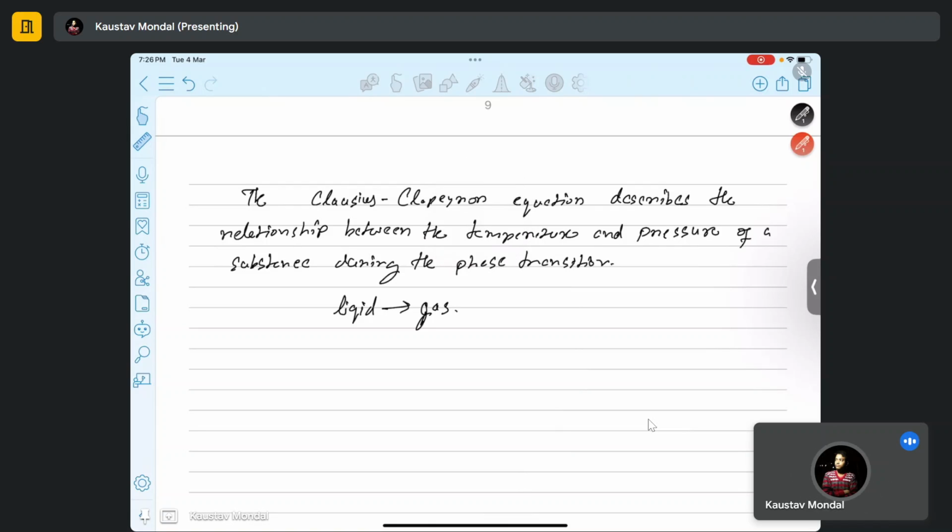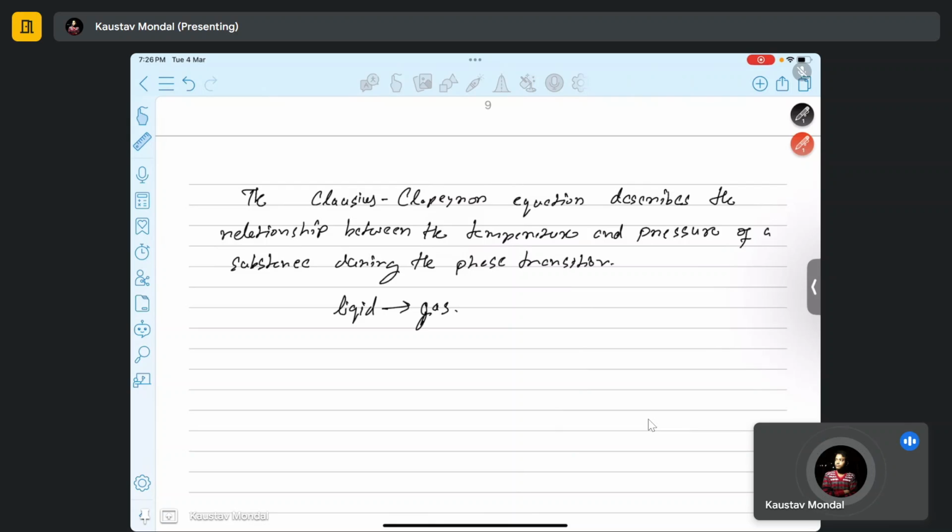All of you know this temperature, but it is only valid at STP, that means standard temperature and pressure. So it is valid only at a certain pressure. If you change that pressure, the temperature required for phase transition will also change. So we basically need a relationship between these two.